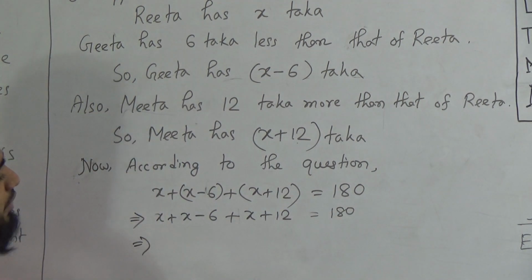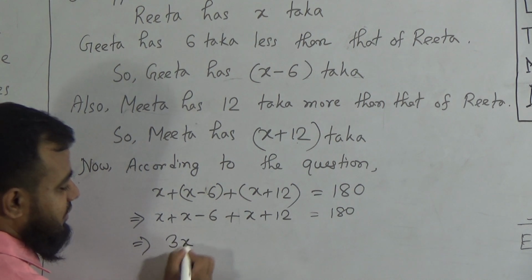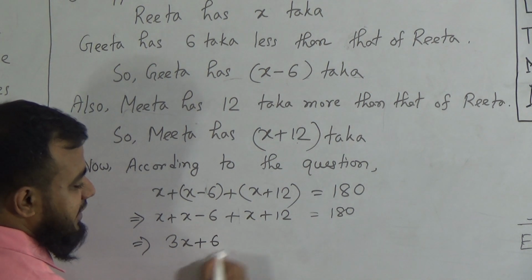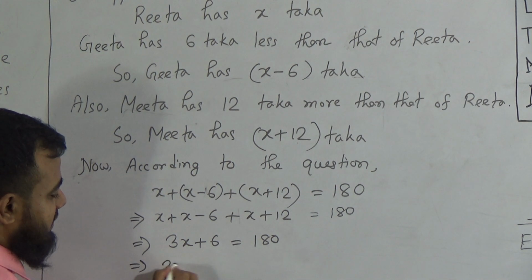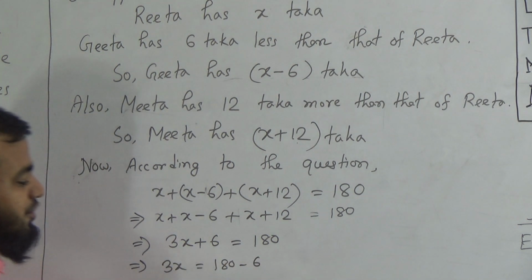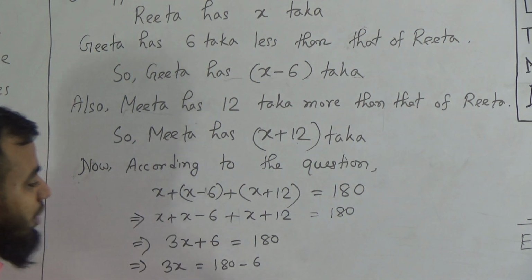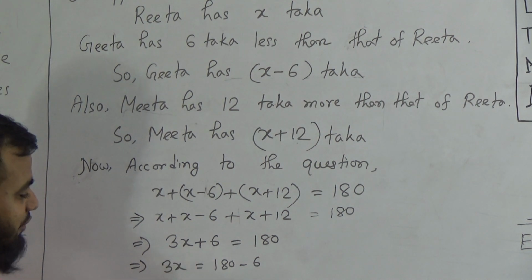Now dear students, x plus x plus x is equal to thrice x, and 12 minus 6 is equal to plus 6. Implies that thrice x is equal to 180 minus 6. If we transfer this plus 6 to the right side by the transformation law, we will get a minus sign before 6, because 6 had a plus sign before.